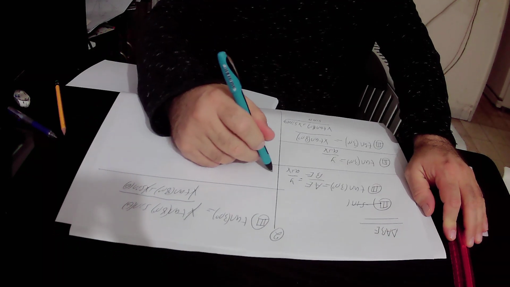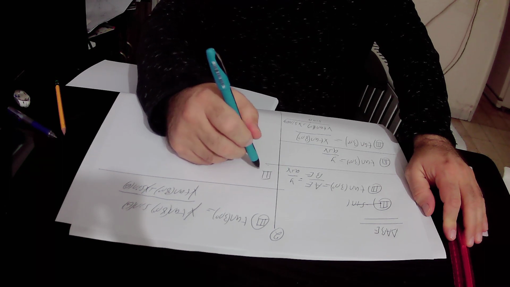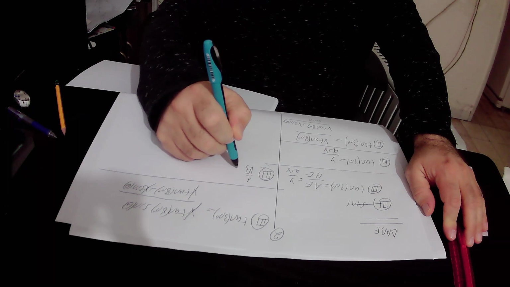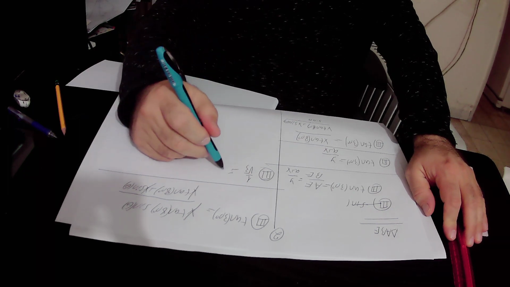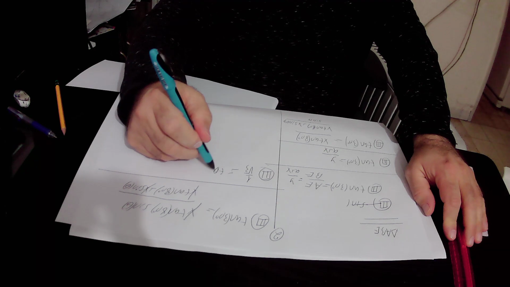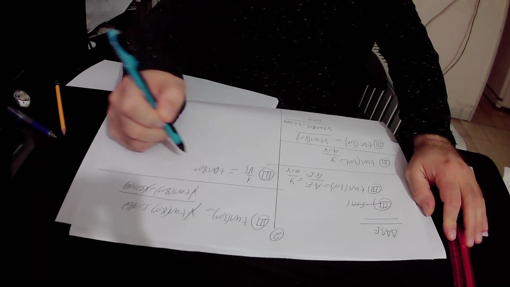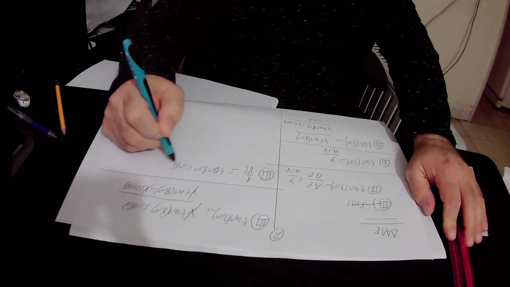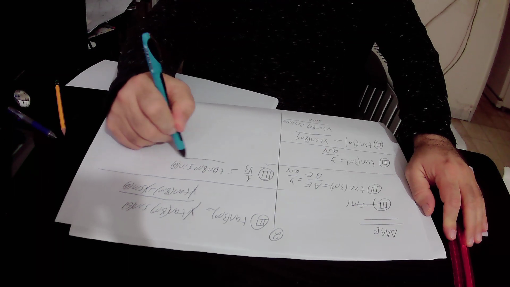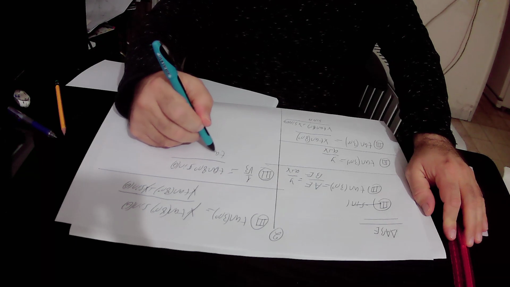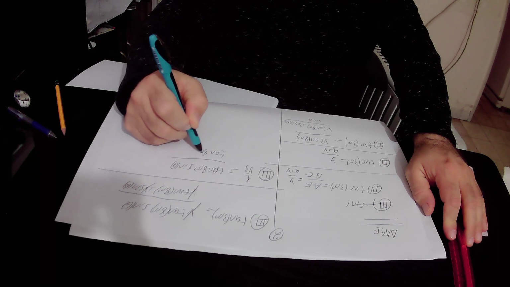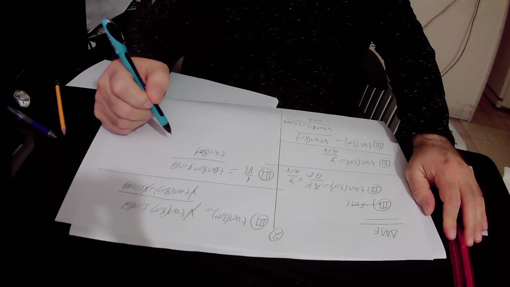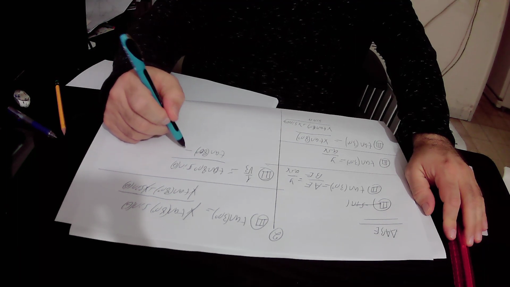And we also know that tangent 30 degrees equals 1 over square root of 3, that equals tangent 80 degrees times sine theta over tangent 80 degrees plus sine theta.